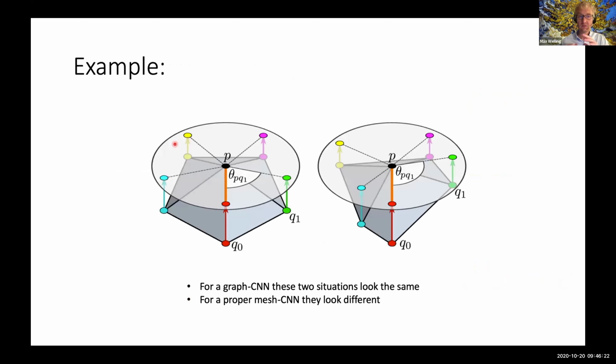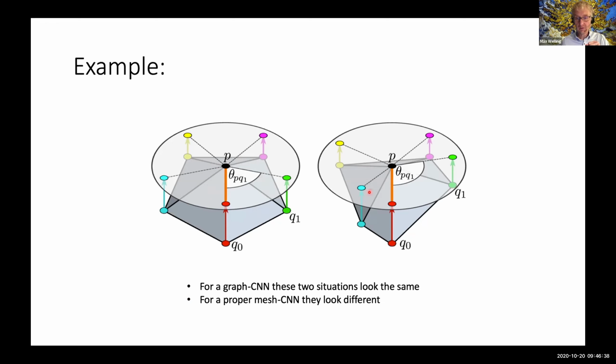Okay, so we set out to do that, and we wanted to come up with equations which look a lot like a graph convolution, but they're not the same. To see how they're not the same is to basically see that you really want the geometry to play a role.